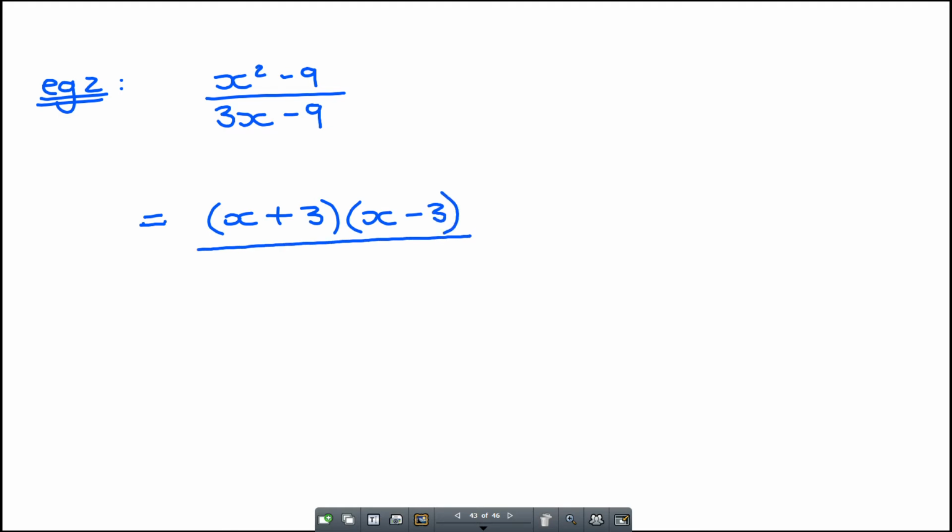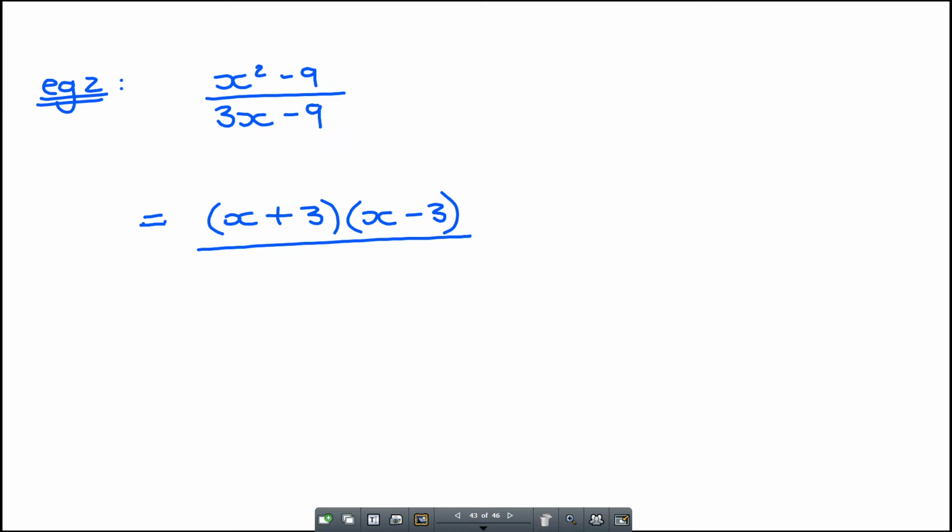Okay. Now let's look at the bottom one. Remember, we treat these two as separate sums. The bottom one was 3x minus 9. We see it as a completely separate sum, and remember, we've got three methods of factorizing.